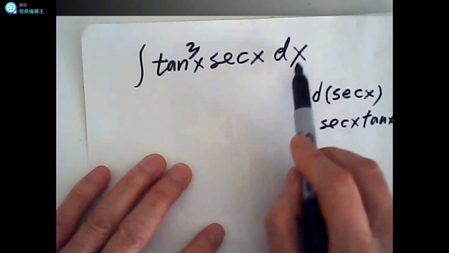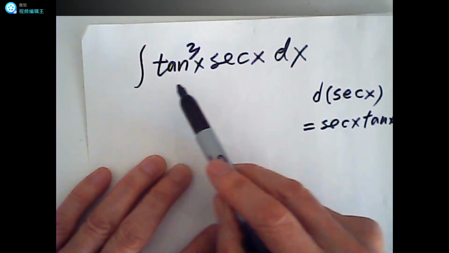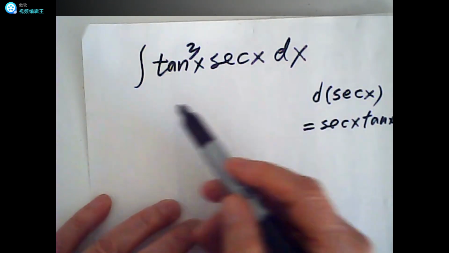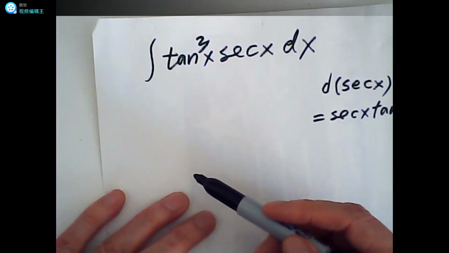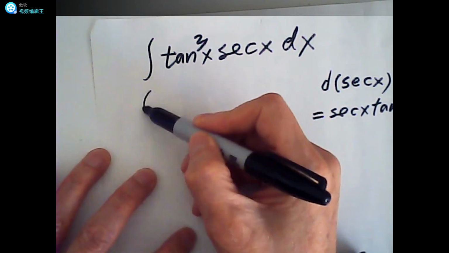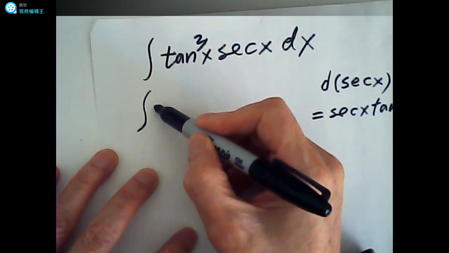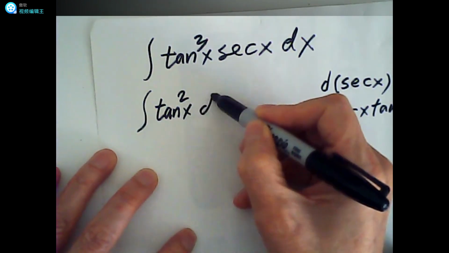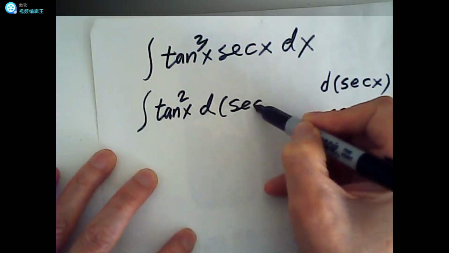If we change the structure of this integral into the basic variable secant x, it changes everything. So this is tangent square x, d secant x.